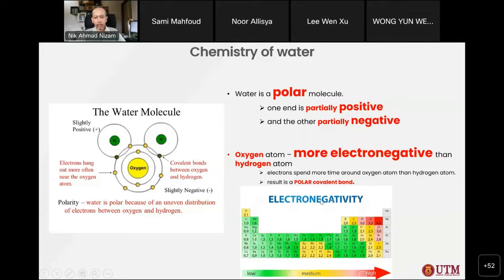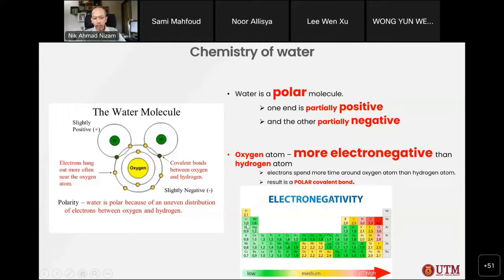You can see the periodic table here. These are the atoms or elements that have high electronegativity. You can see the red ones: nitrogen, oxygen, and also fluorine. Those are atoms with a high electronegativity, and hydrogen is only 2.1.